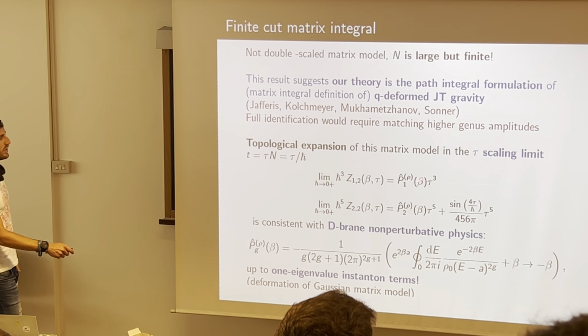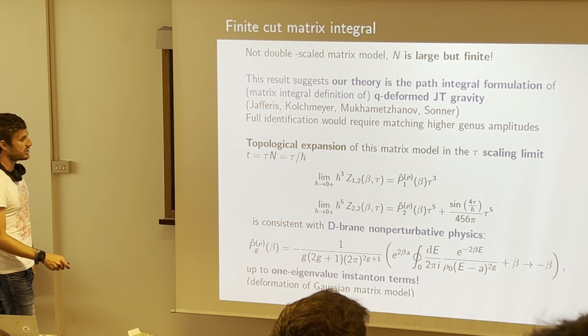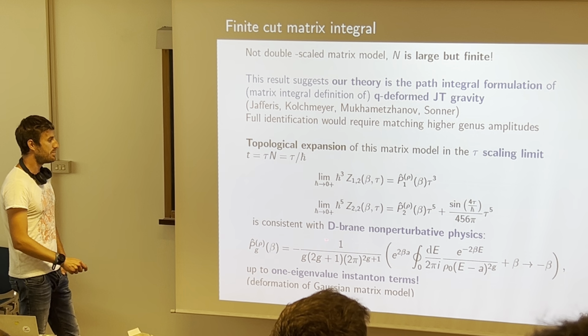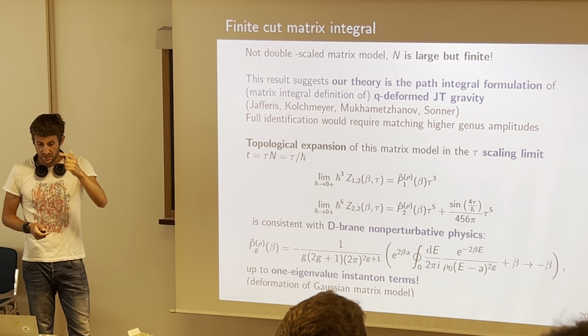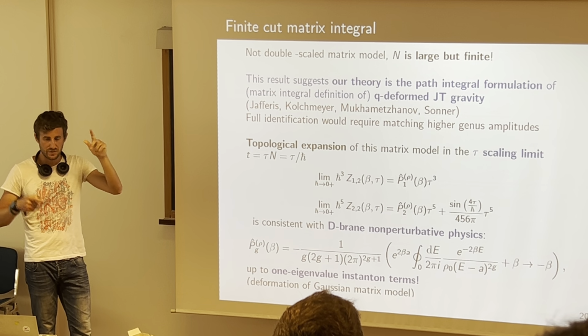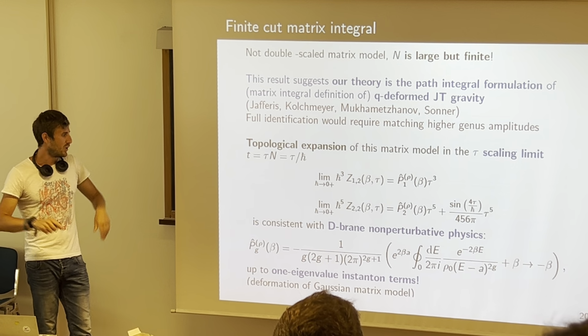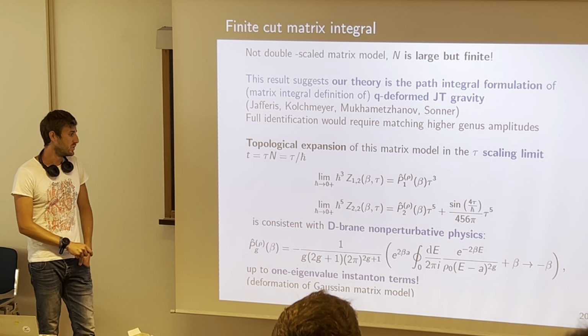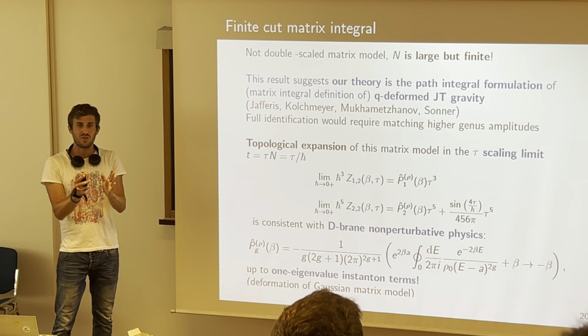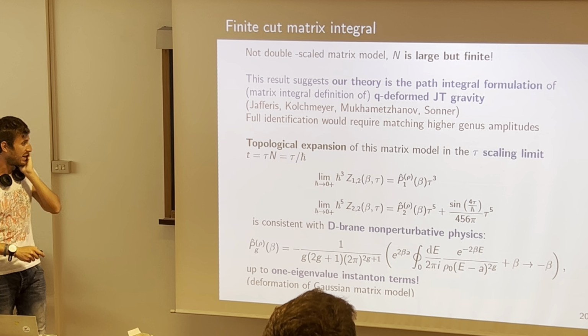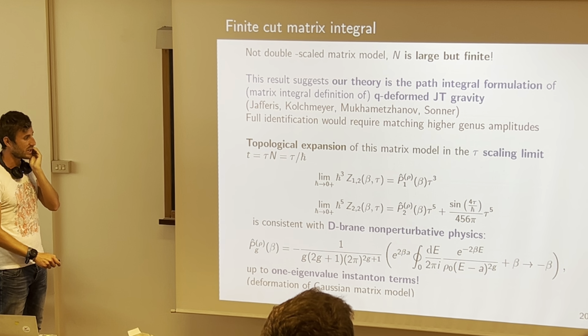And these perturbative coefficients here are exactly consistent with the D-brane non-perturbative physics, meaning that once I have the disk and the cylinder, I can use this method of the disk and cylinder approximation to construct a D-brane amplitude. And this is basically giving me the spectral correlation density of the sine kernel, which is giving me, if you want, the repulsion of the energy eigenvalues as they get closer to each other.